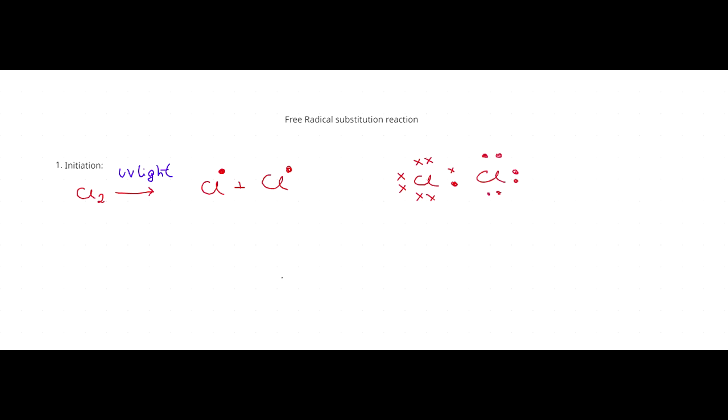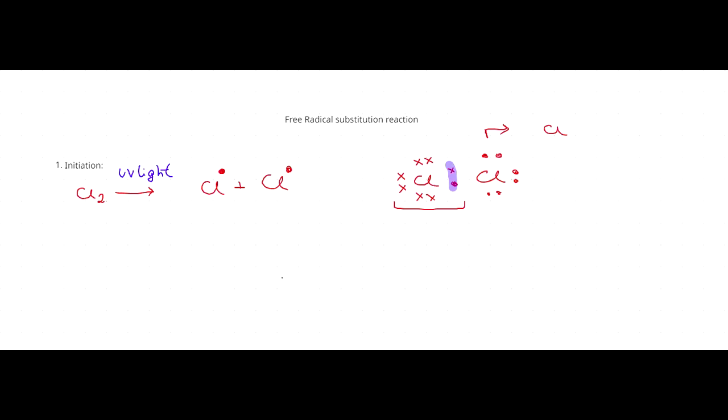Okay. So this dot and cross diagram shows you the covalent bonding in a molecule of chlorine. Now, when I break this bond, there are two things that are possible. One thing that is possible is that one of the chlorine atoms keeps both of the shared pair of electrons.